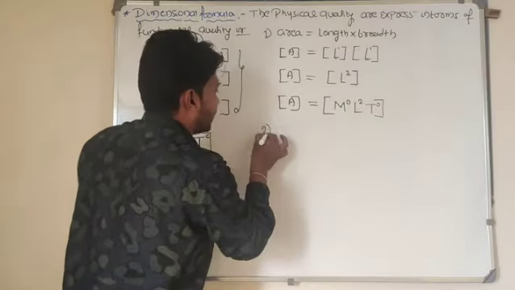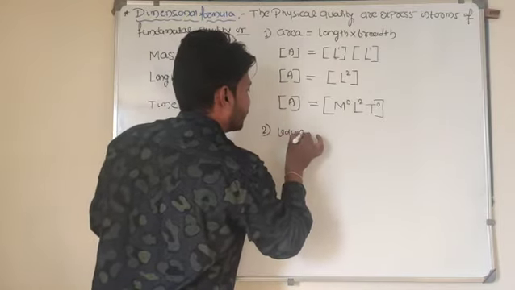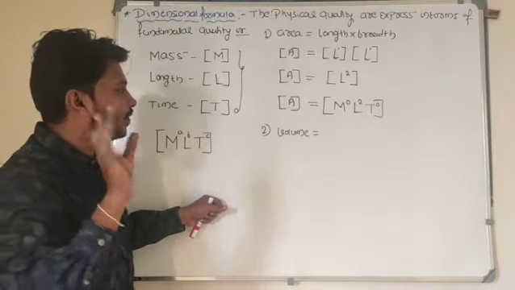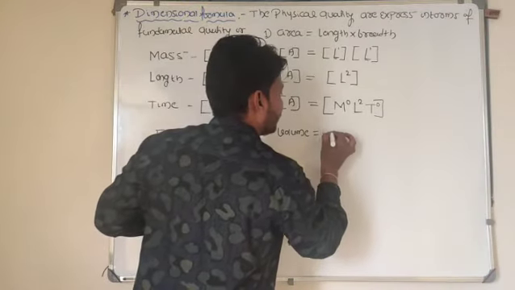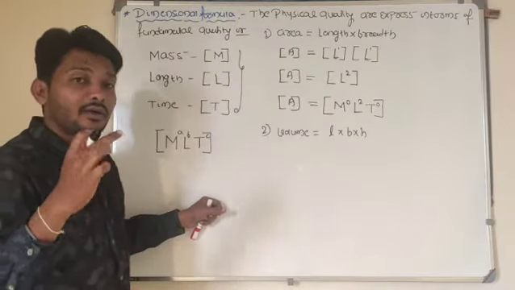For example, I can write the dimensional formula for volume here. Volume is nothing but what? Length into breadth into height. This is the generalized formula for volume.